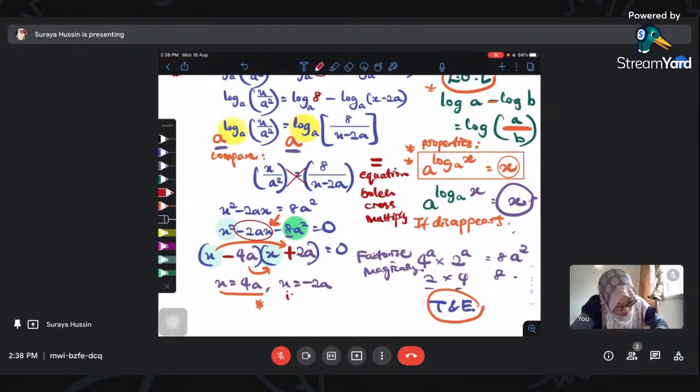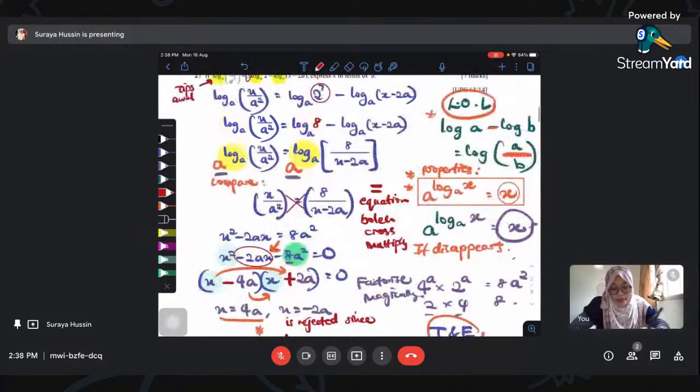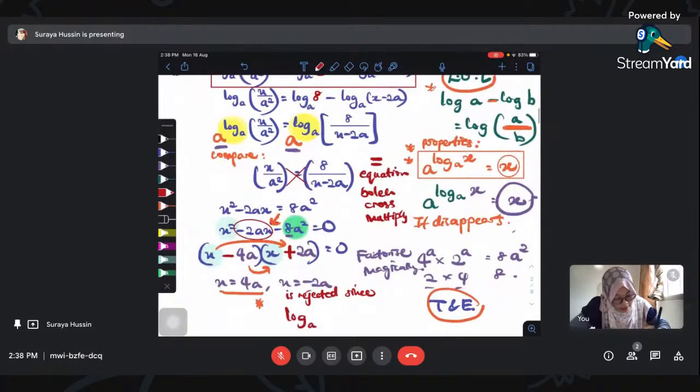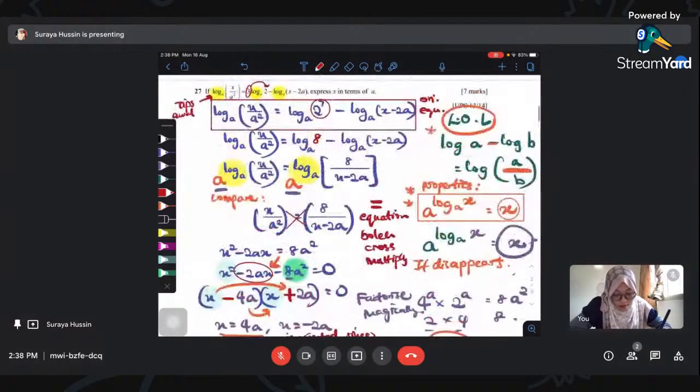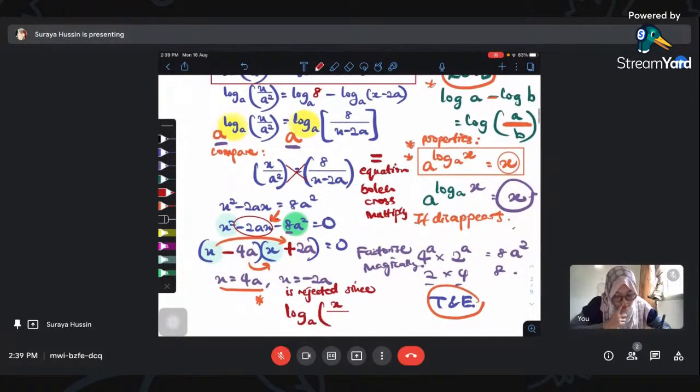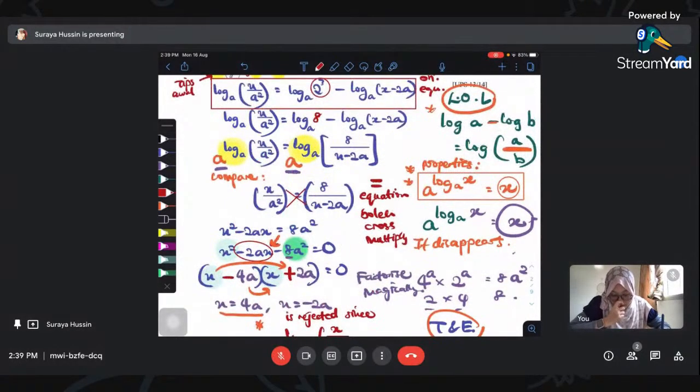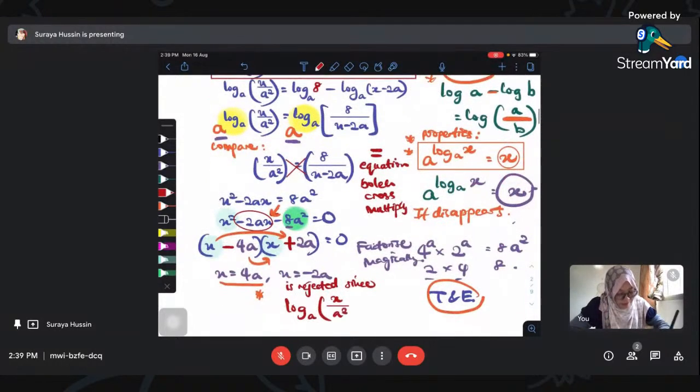Because if you substitute into the original equation, the first equation, log base A of x divided by A squared, and your x right now is negative 2A.